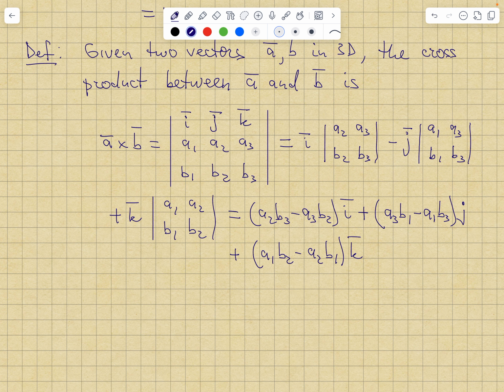So the dot product of two vectors was a scalar. This guy now is a vector with components. So let's write it in components: A2 B3 minus A3 B2, A3 B1 minus A1 B3, and then A1 B2 minus A2 B1.